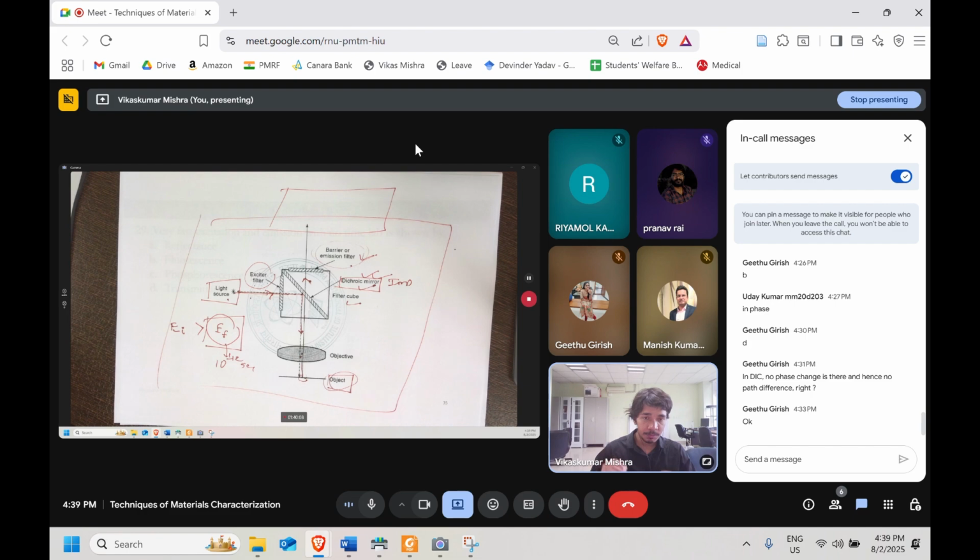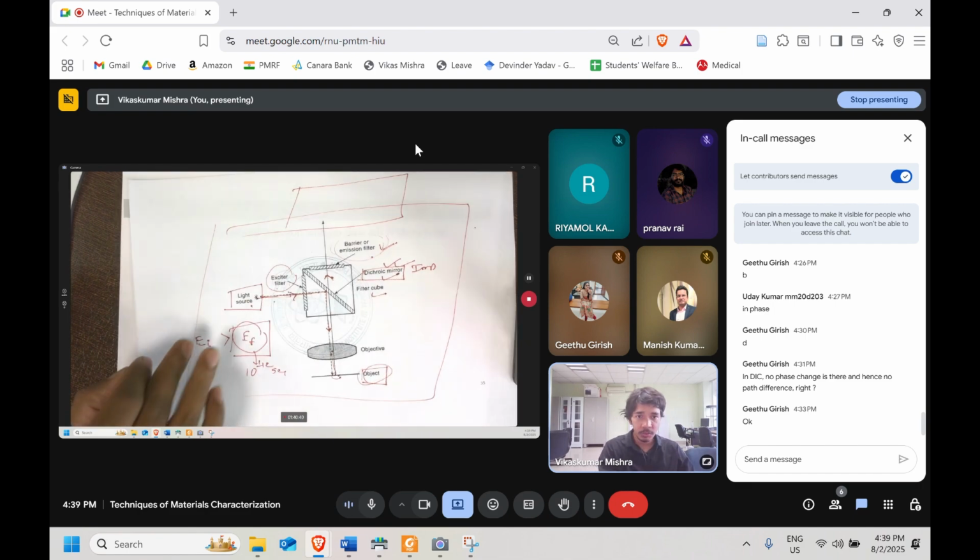Since our specimen behaves differently with different sections of the object, they will emit light accordingly. Somewhere the particles have stuck more, they will emit more, and you will be able to see the features of that particular object. Somewhere the fluorescent paint which we have put is less, then there will be less emission from there. With that you will be able to see the image.